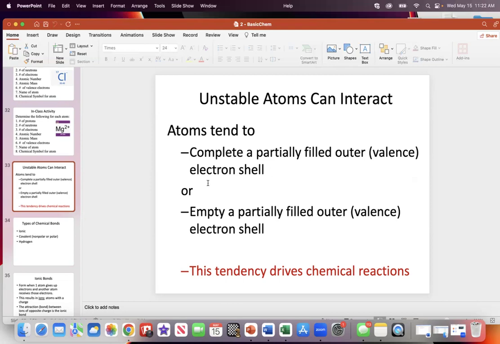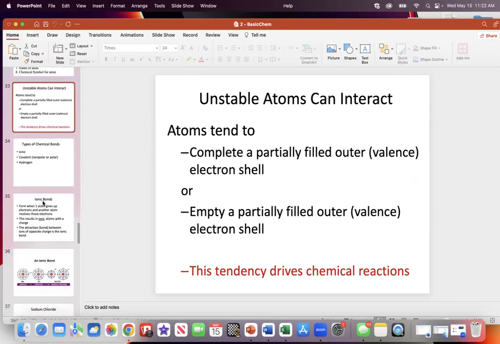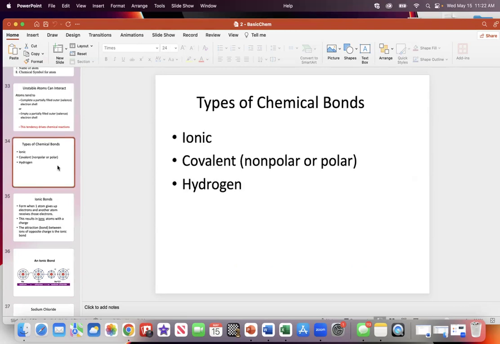Most of them, unless you are a noble gas, don't have filled valence electrons. That's when they start to have chemical interactions with others. They start to form bonds. That's why I say the electrons, especially the valence electrons, decide their personality, because they either share electrons, give electrons away, or gain electrons, and they can form bonds.